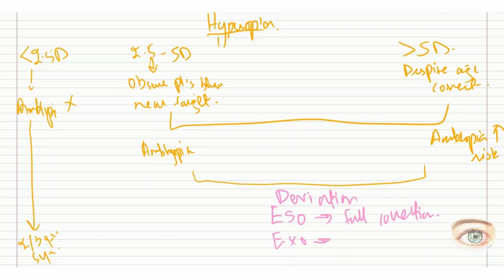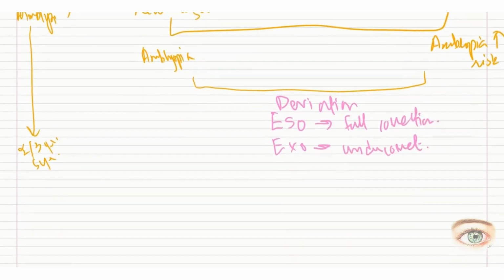And in exo, we are going to keep the patient under-corrected because we are going to leave a stimulus for accommodation so that the eyes will accommodate more and the eyes tend to correct their exodeviation accordingly. So, in this way, we can also treat exo accordingly.